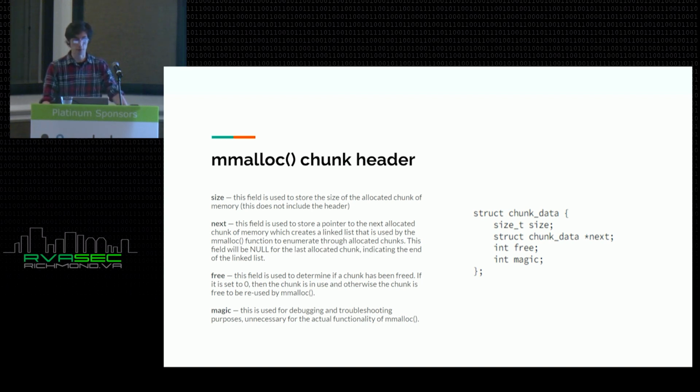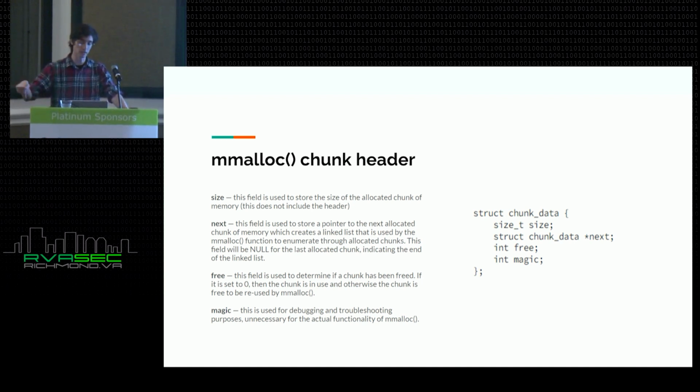There's also this next field. This field is a pointer to the same type of struct, you'll see. It's a struct chunk data, which is the same as the struct that embodies it. So that's really just a pointer to the next allocated chunk. And we use these pointers to build a linked list to be able to enumerate through our chunks.